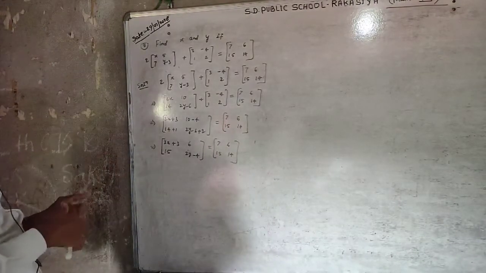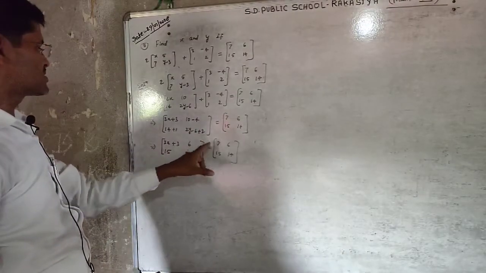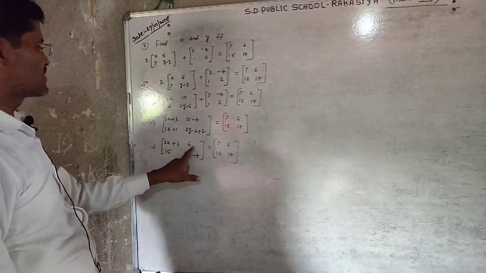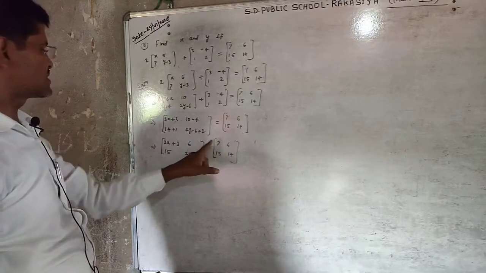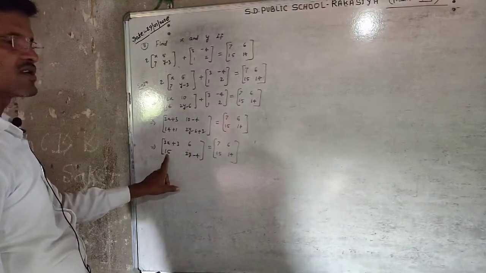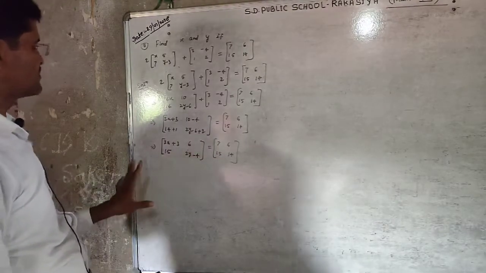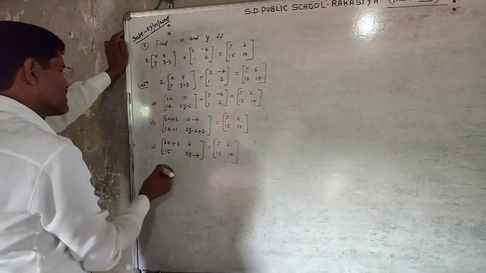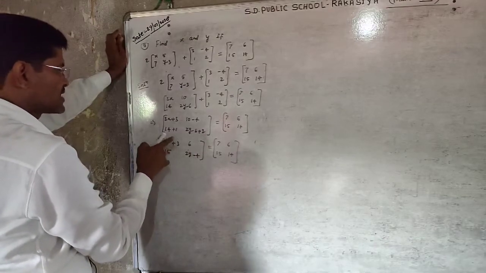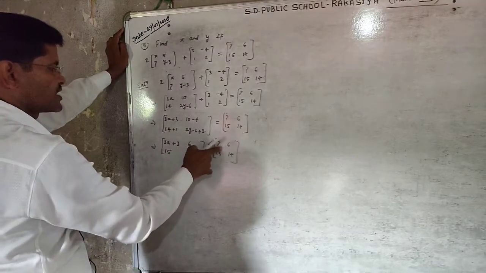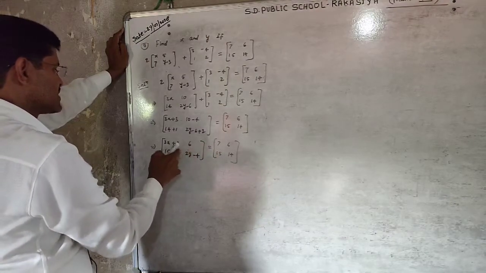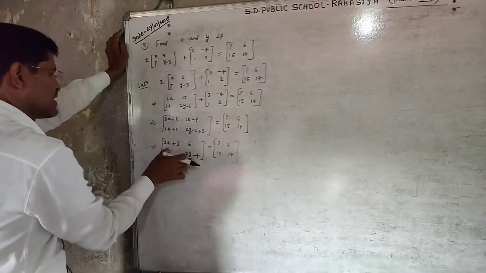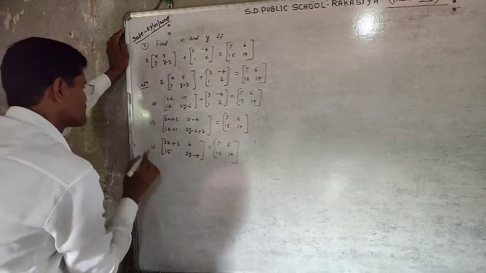We see that the first element of the two matrices, LHS and RHS, is 2x plus 3 and 7, the second element is 6 and 6, and the first element of the second row is 15 and 15. Given that the two matrices are equal, the corresponding elements will be equal. Since these corresponding elements are equal, the other corresponding elements will also be equal.